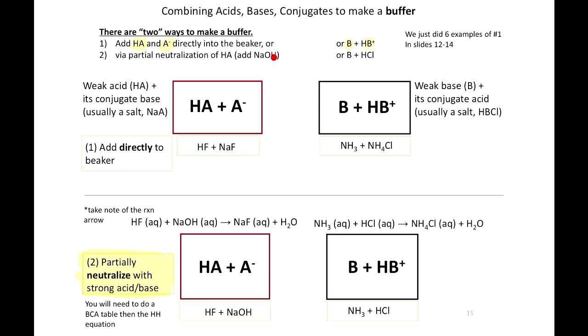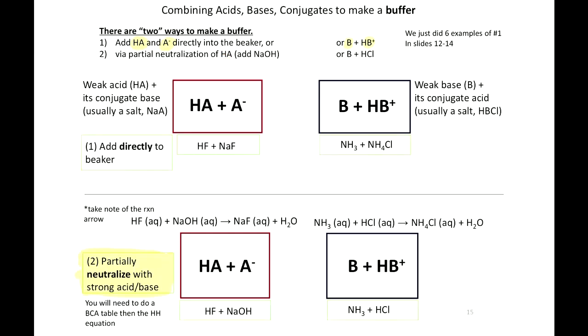The second way we can make a buffer is via partial neutralization. If we start with all weak acid, so HA, and we add a strong base like sodium hydroxide, we neutralize it. So this is what we're going to move on to next, the second way to make a buffer via neutralization.